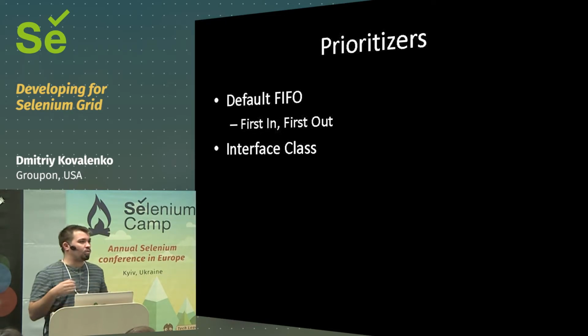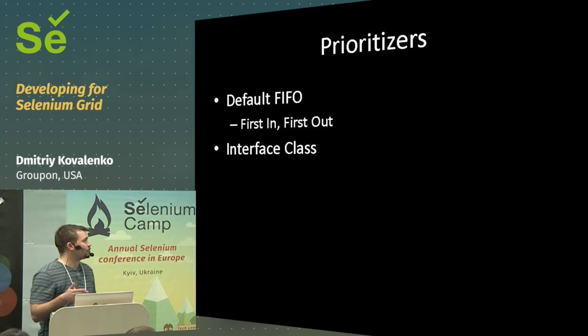So whenever, if you have only 3 nodes available, but you have 6 test requests in the queue, it will send the new session request to those nodes in the order that they came in. Some people notice that Internet Explorer tests run longer, so they want to start them earlier than anything else.